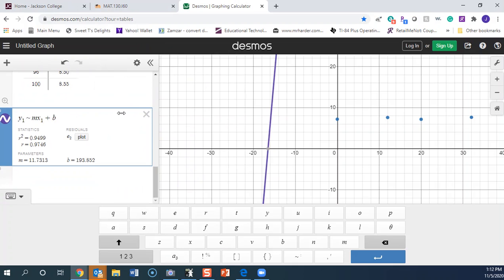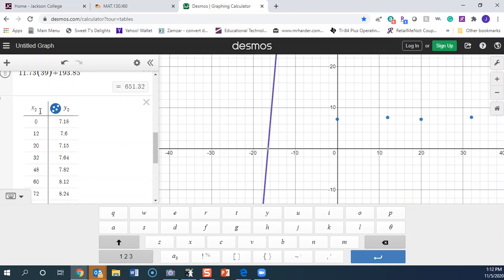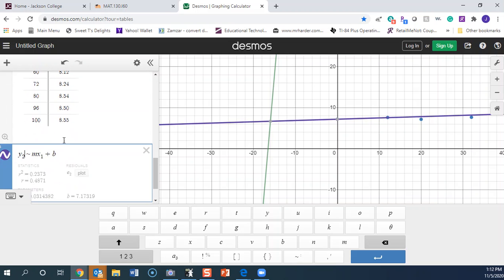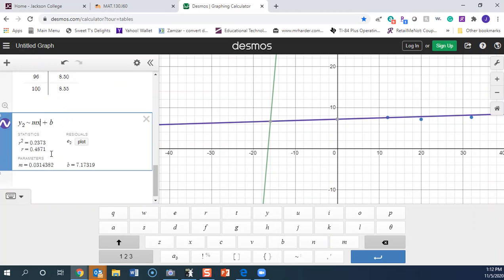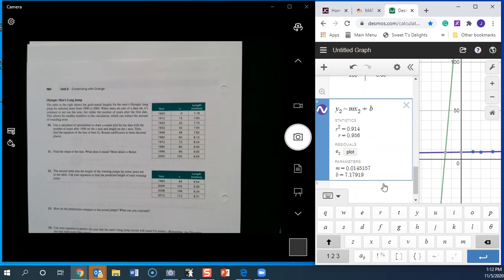I made an error here. And this is good too. Okay, look here at this table. This table has x2 and y2, not y1 and x1. So it should have been y2 and x2. And then we will have our equation.